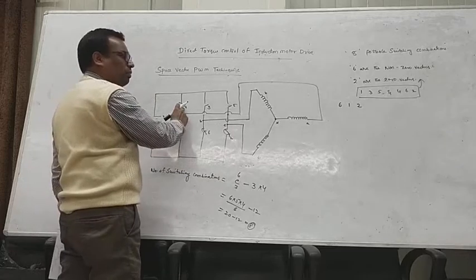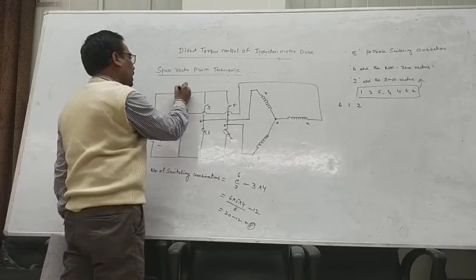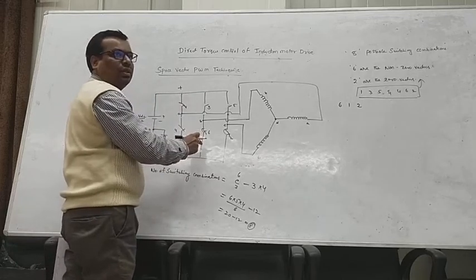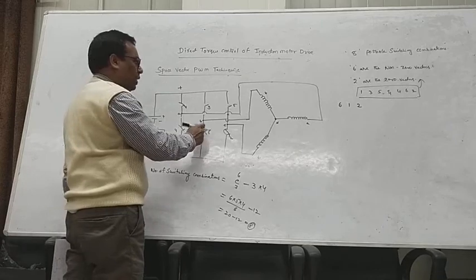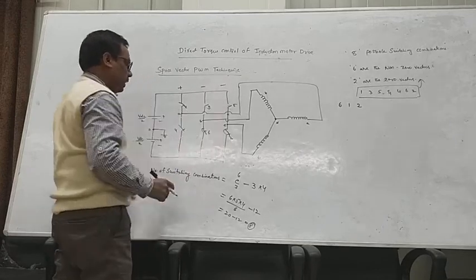When the positive group of switches is turned on, you may indicate it as a plus. If a negative group switch in the bottom is on in phase B, this is minus, and this is also phase B, you may indicate as a minus.